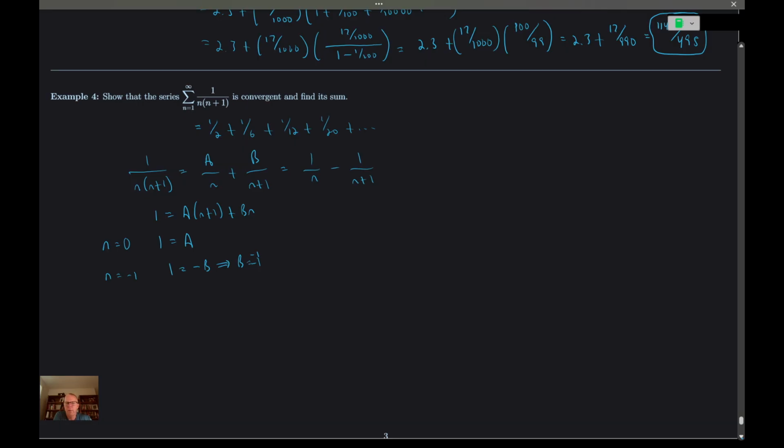So now let's write the terms of this sequence. So 1 over n minus 1 over n plus 1. When n is 1, we get 1 over 1 minus 1/2, plus when n is 2, we get 1/2 minus 1/3.